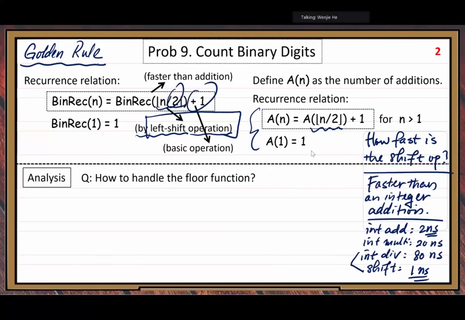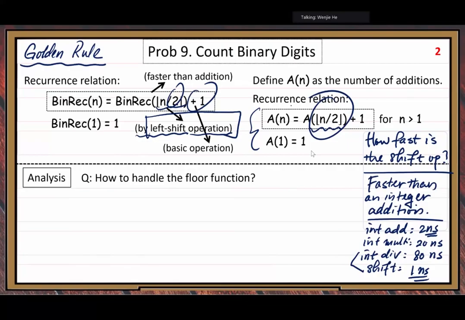We want to apply this golden rule in this special case. This floor function part is not very friendly for us. We want to get rid of this floor function to make it more friendly.